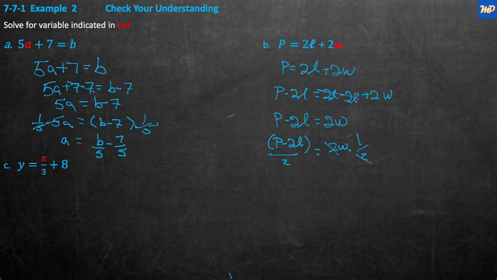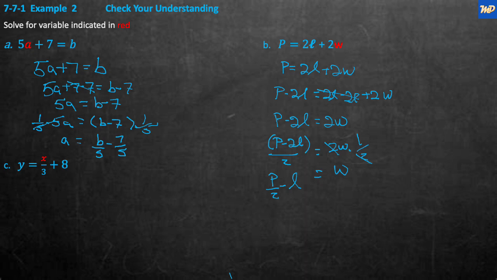The 2's cancel, and we're left with W on this side. And on this side, we have P over 2 minus L. So W is equal to P over 2 minus L.